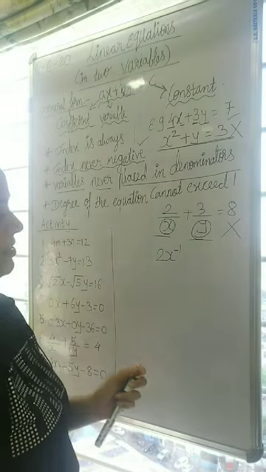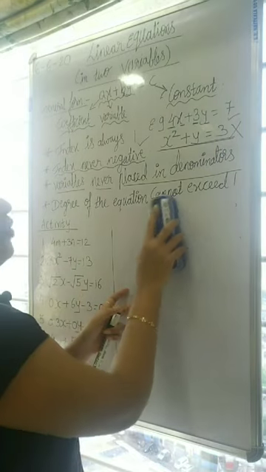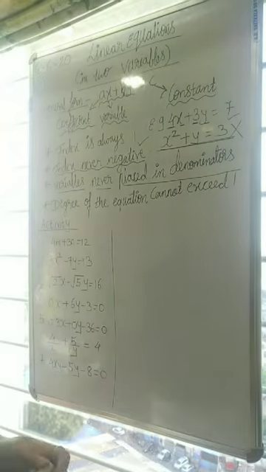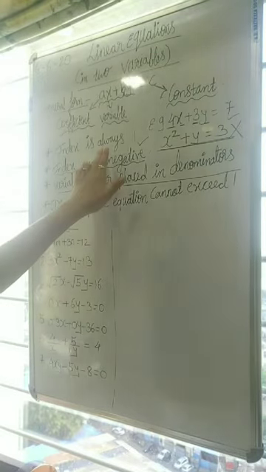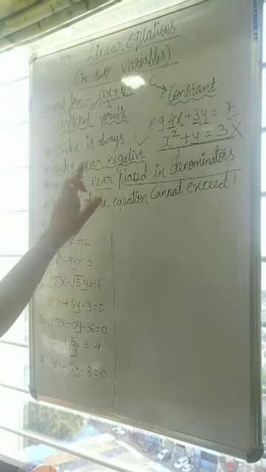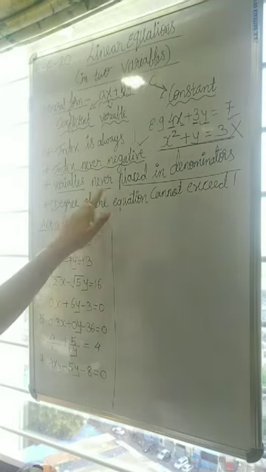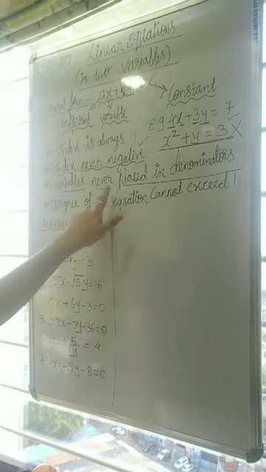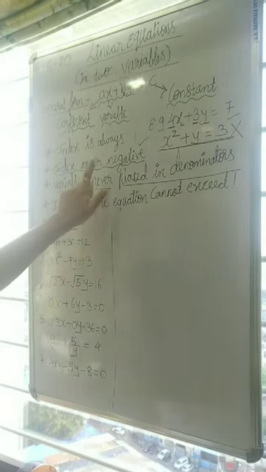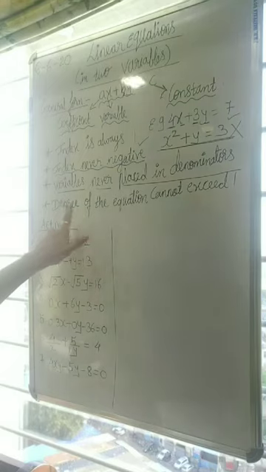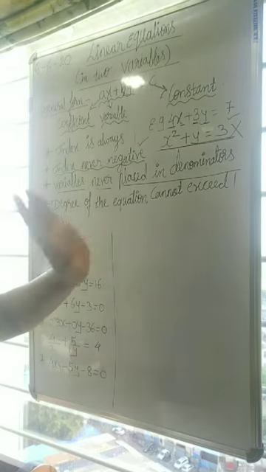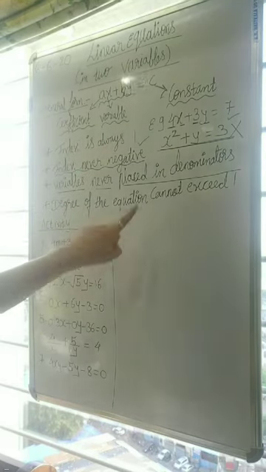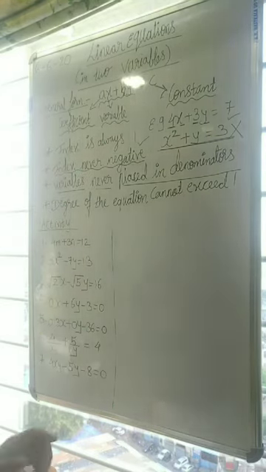So in such cases we are not following the rules of a linear equation. So for a linear equation the rules say that the index should always be 1, the index should never be negative, and variables are never placed in denominators, because a variable in the denominator itself means that the index is negative. Another thing is the degree of the equation cannot exceed 1. It's the same point I mentioned in the first one.